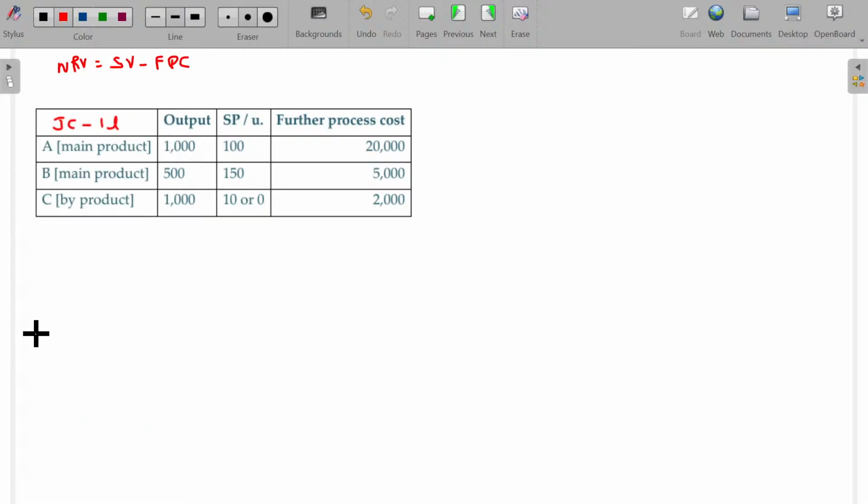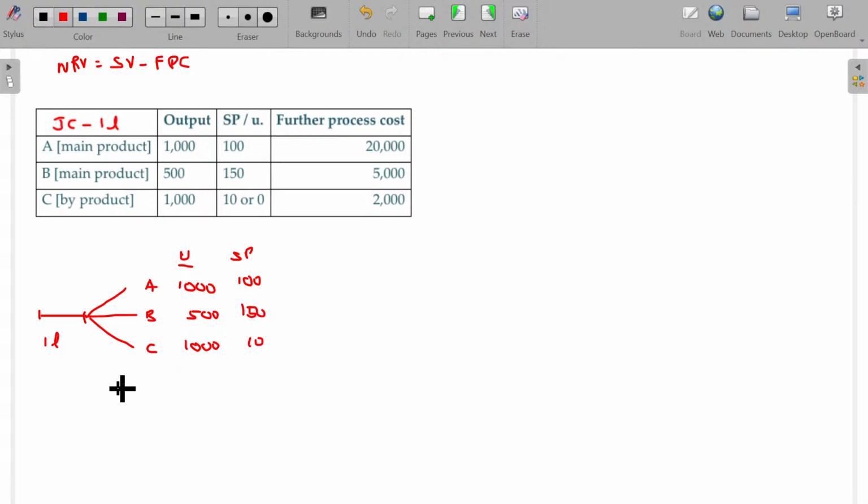Now, three products we have, A, B and C. Joint cost being 1 lakh. Output being 1000, 500, 1000. Sale price being 100, 150, 10. Scenario 1. In scenario 2, assume this being 0.